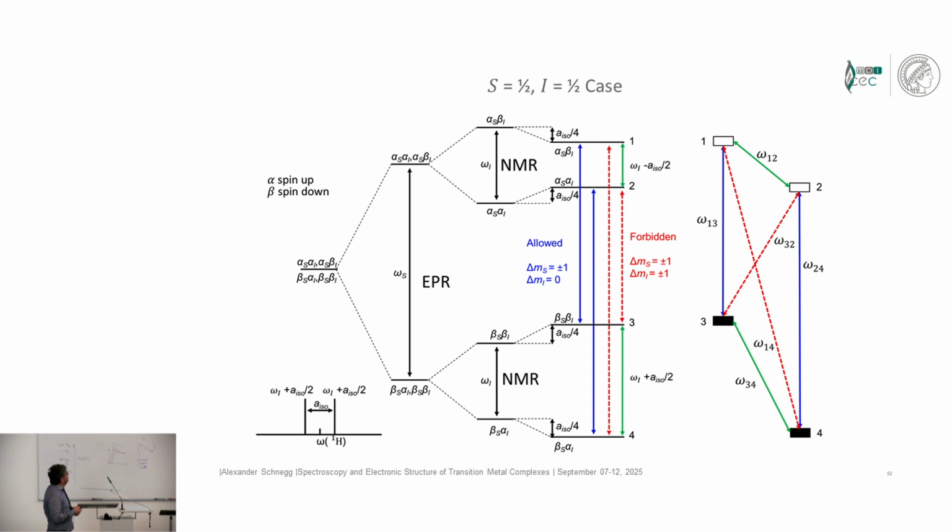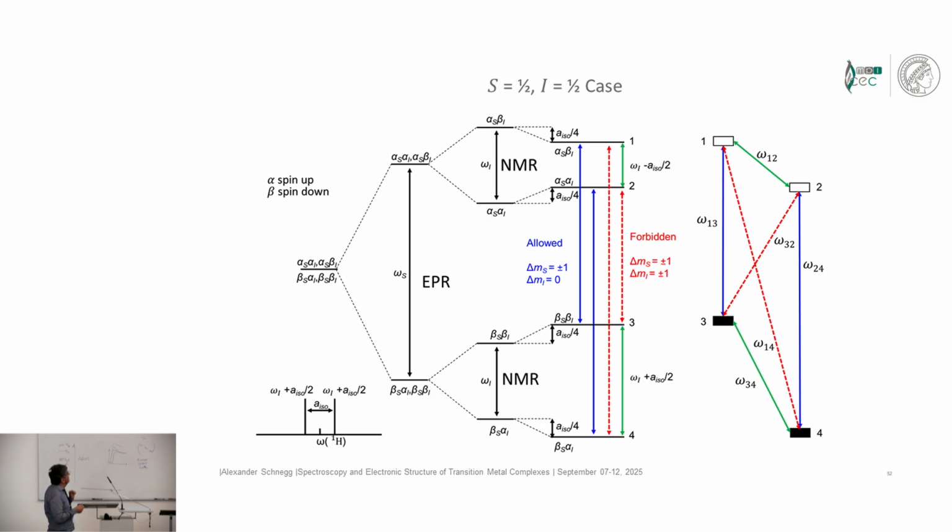There is a bunch of so-called allowed transitions, which are the delta MS equals plus minus 1 transitions and the delta MI equals 0 transitions. So we are only allowed to go from here to here and from here to here, nominally. And there are allowed NMR transitions.